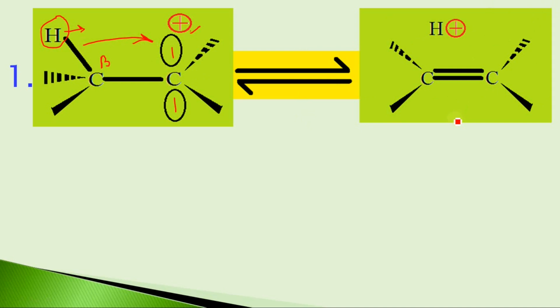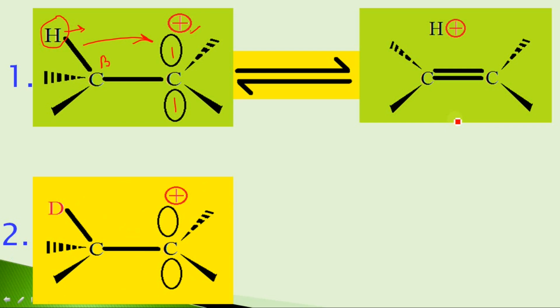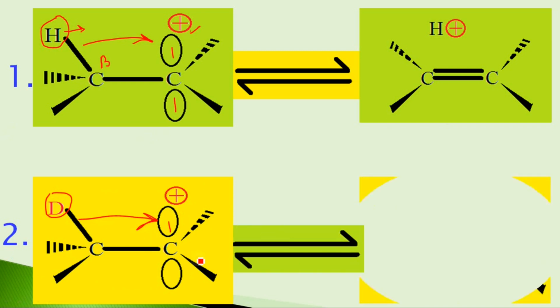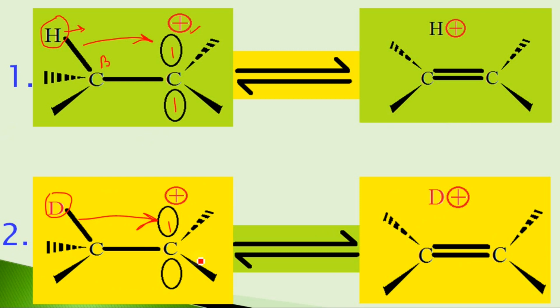Likewise, what happens if deuterium is present in place of protium? Again, it is a deuterium or heavier isotope present next to the empty p orbital of the carbocation. Here again, hyperconjugation will take place and it will result in a stabilizing interaction. But what is the difference between hyperconjugation due to this lighter bond and hyperconjugation due to this bond which has a heavier isotope?